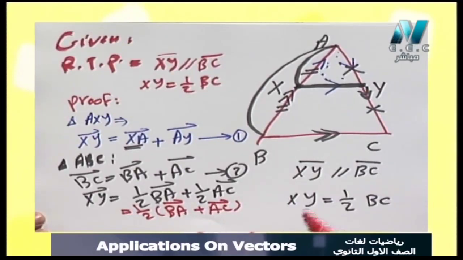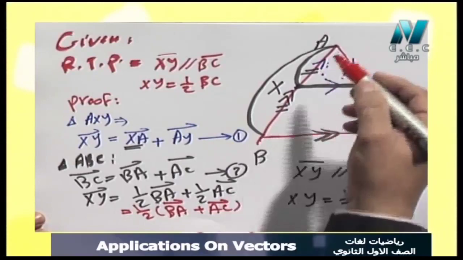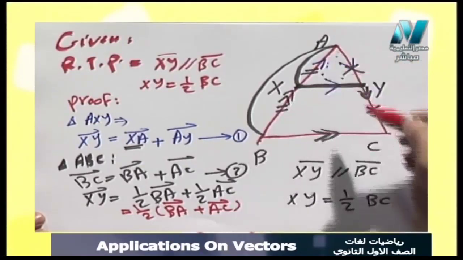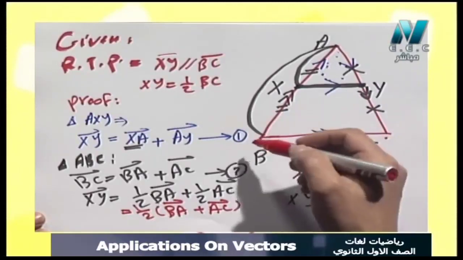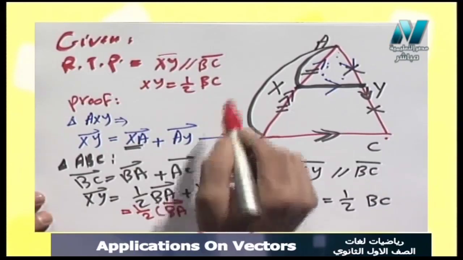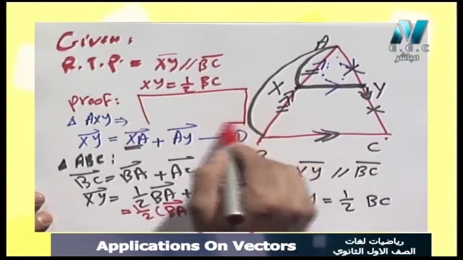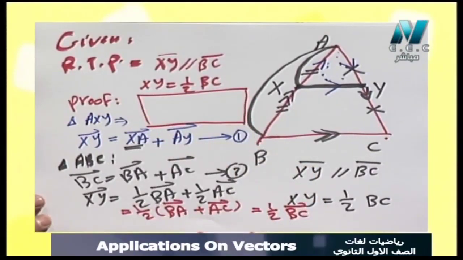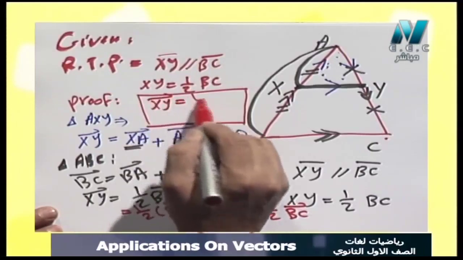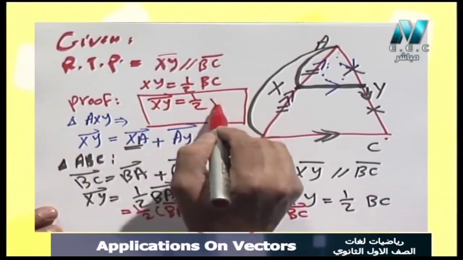What is BA plus AC? The vector BA plus AC is equal to the vector BC, so it's half the vector BC. So now we have a very important deduction here, that the vector XY equals half the vector BC.